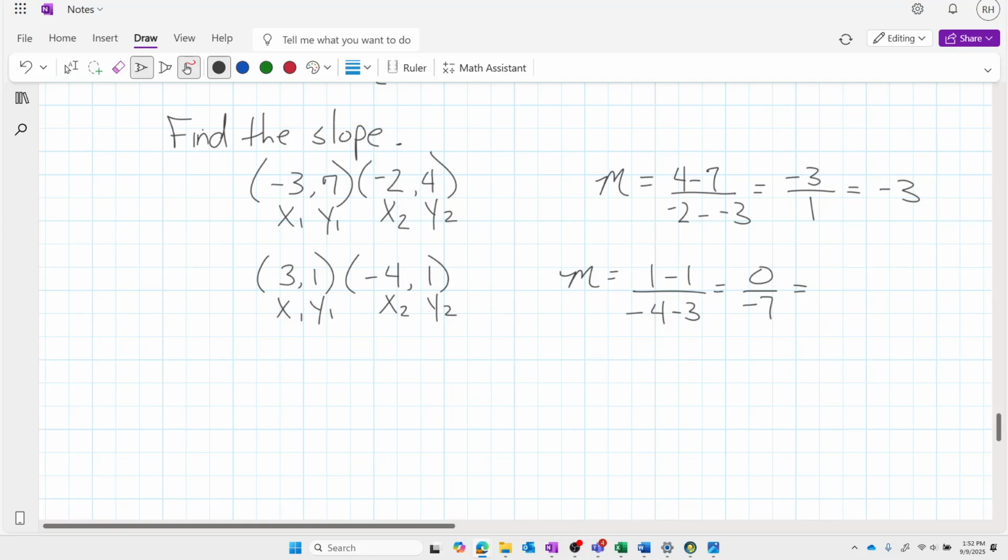And 0 in the numerator always equals 0. All right, so the slope of that line would be 0. It has no rise, but it runs 7 to the left. Is that horizontal or vertical? Horizontal, good.